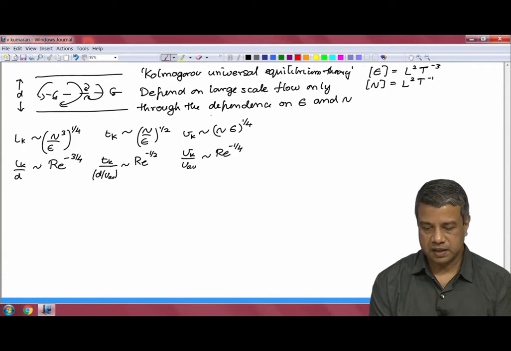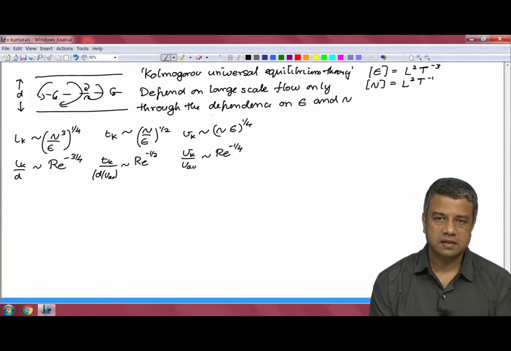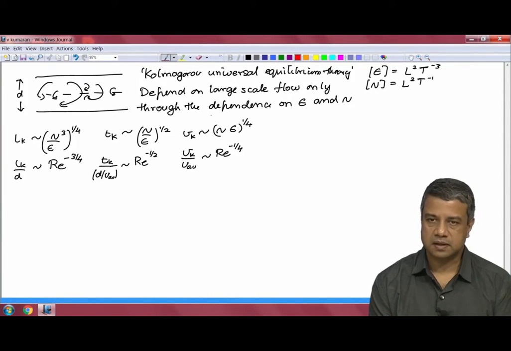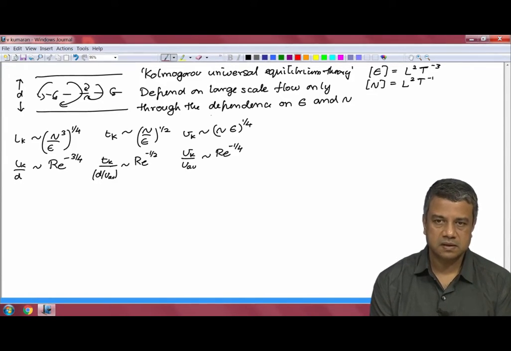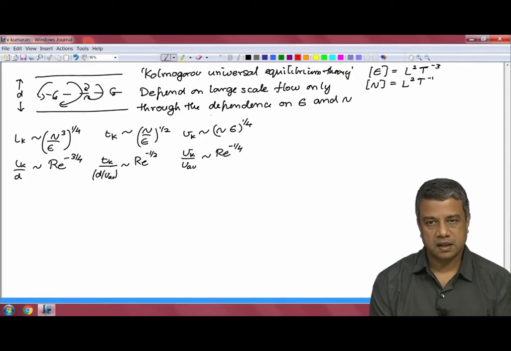Therefore, the size, velocity or time scale of the smallest eddies cannot depend directly on the average velocity or the diameter. It does, however, depend upon the energy dissipation rate per unit mass, because that is what has to be dissipated in the smallest eddies.